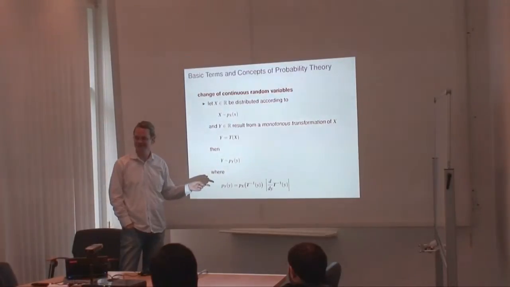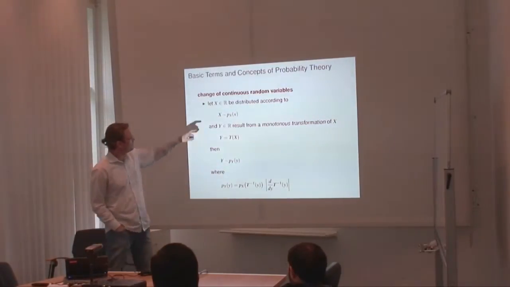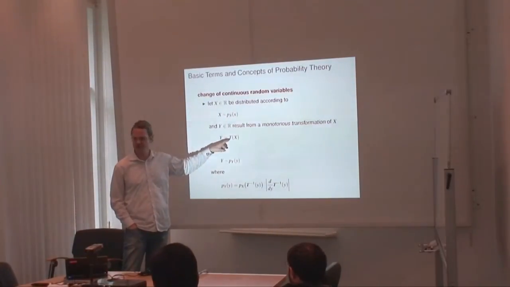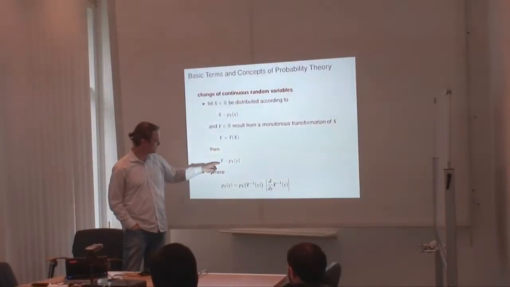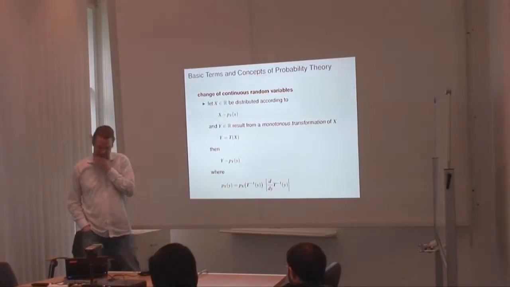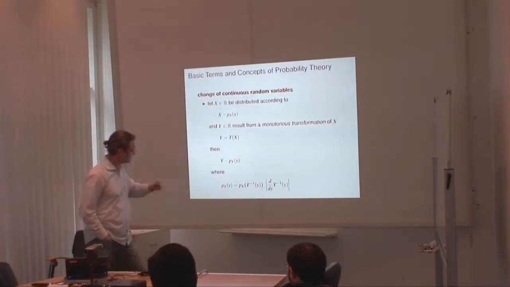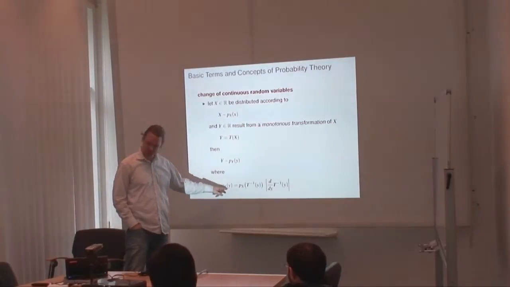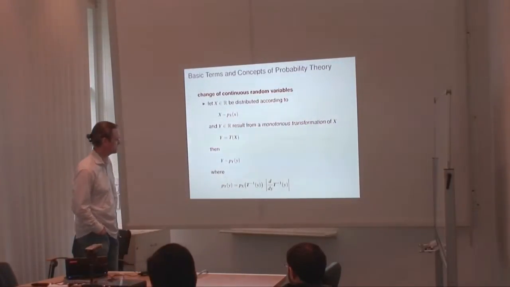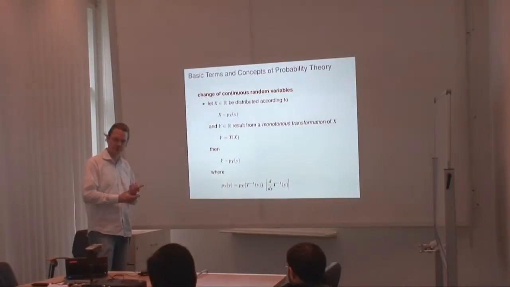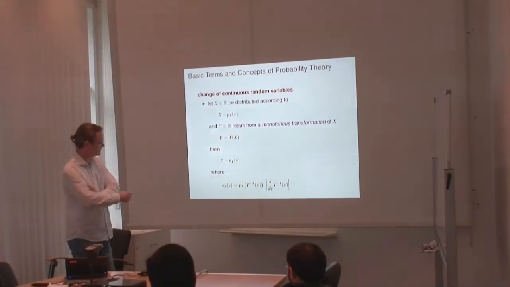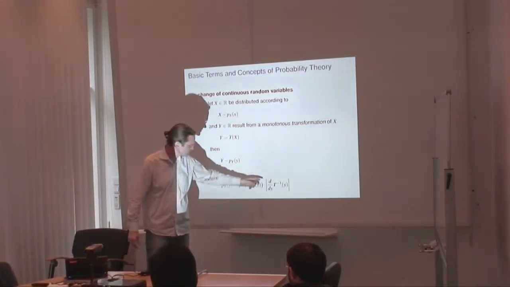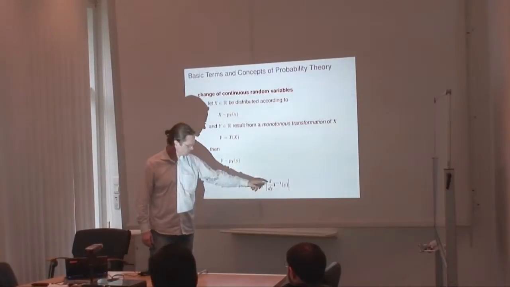That is the question. Indeed, if we know the distribution of the random variable X, and we know the transformation T, then we know that the distribution of the random variable Y can be expressed in terms of the distribution of the random variable X, where Py of y is given by Px of the inverse transform, T inverse of y, times the norm of the derivative of the inverse of y with respect to y.